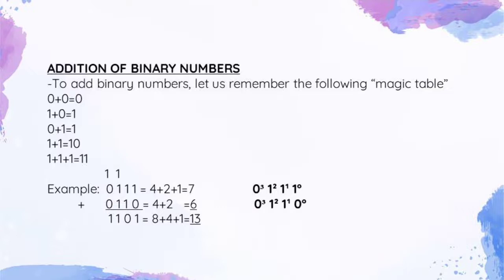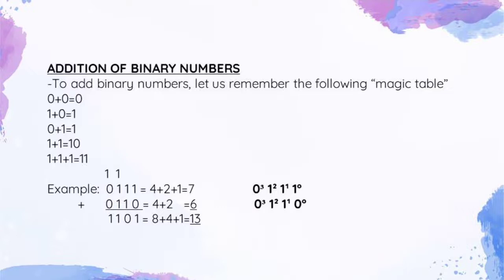Then in the third column, 1 plus 1 plus 1 is equal to 11 based on the magic table, so we carry the 1 again to the fourth column. In the fourth column, we have 1 plus 0 plus 0, so the answer is 1. In total, we have an answer of 1101.